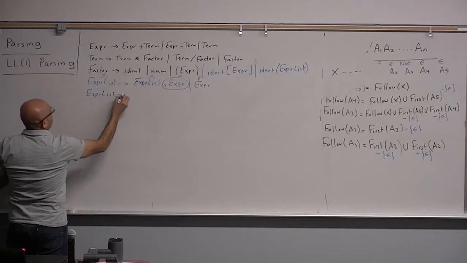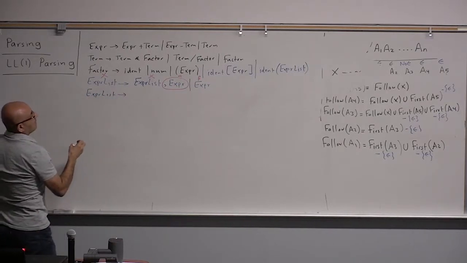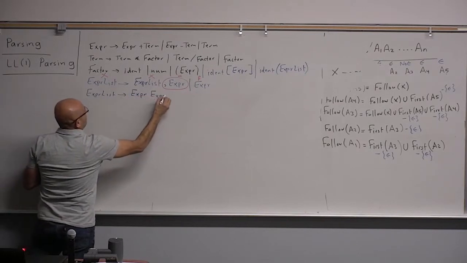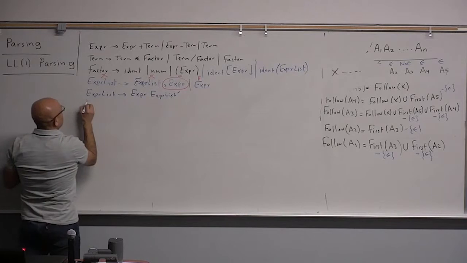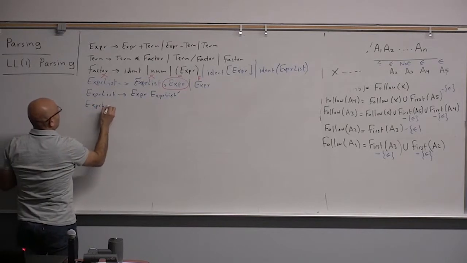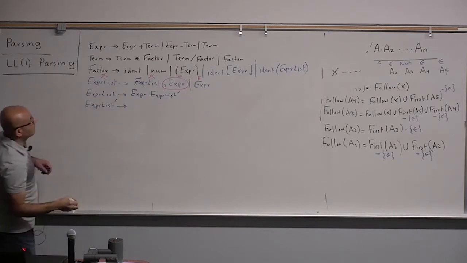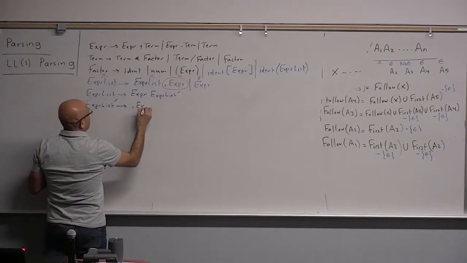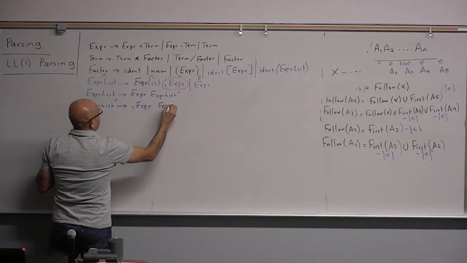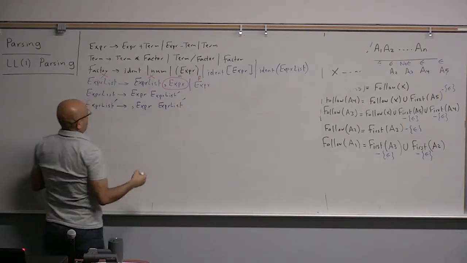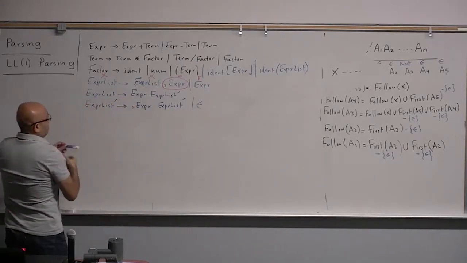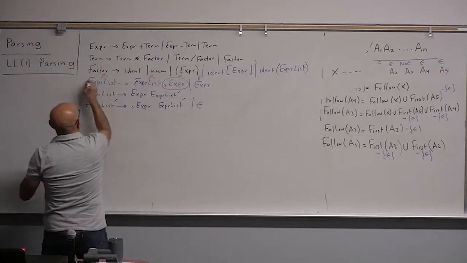Expression list is expression, expression list prime, and then expression list prime is comma expression expression list prime, or epsilon. Exactly. So now we can get rid of the left recursive form.